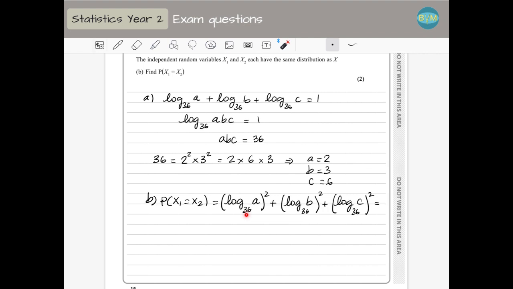So we know a is 2, so log to the base 36 of 2 squared is, I can give you the values, 0.0374. The next one squared is 0.0939, and the next one squared is 0.25. When you add them all together, you have something like this, and you can round.